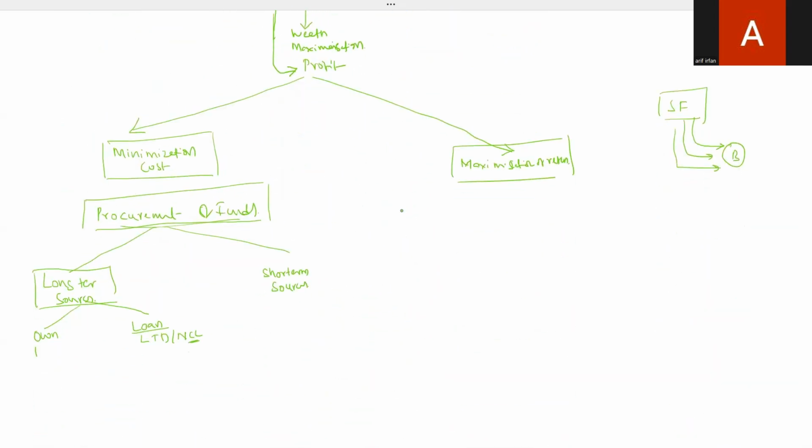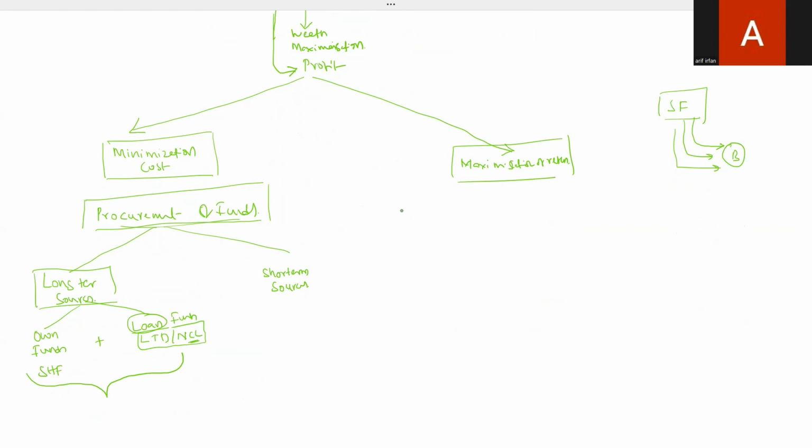So own funds are nothing but shareholders' funds, and loan funds are long-term debt, non-current liability.